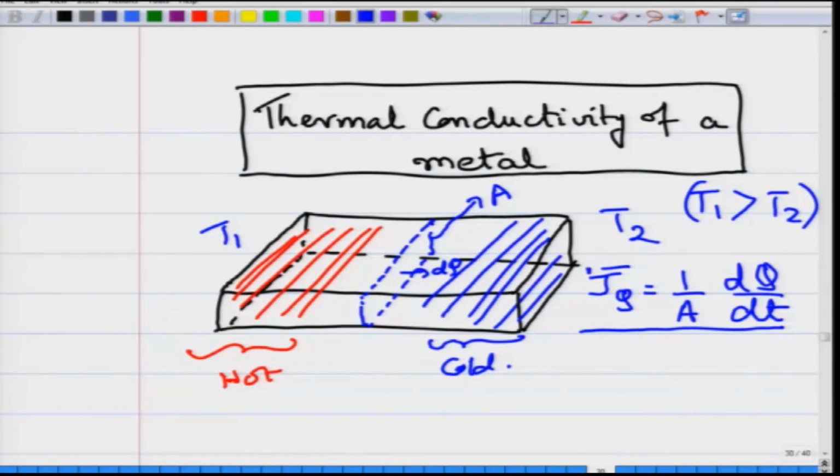Now, while this is a measure of the heat flow, the thermal current density flowing perpendicular to the cross sectional area of the sample, you also know that this current density is related to the temperature difference and the gradient in the temperature across the sample.